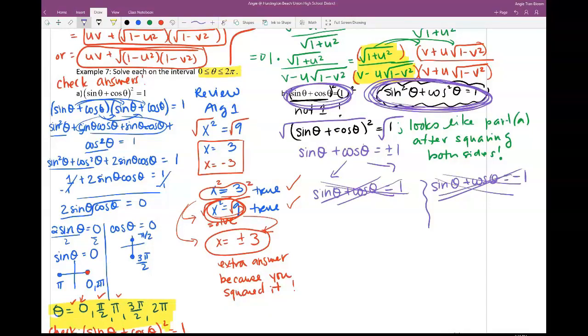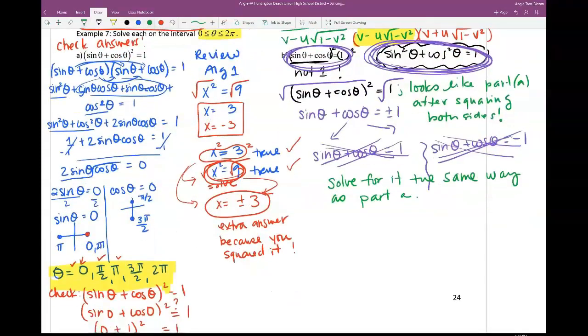Now, let me talk to you about what to do next, okay? We solve it the same way as part A. When you solve it the same way, you have theta equals 0, pi over 2, pi, 3 pi over 2, and 2 pi.